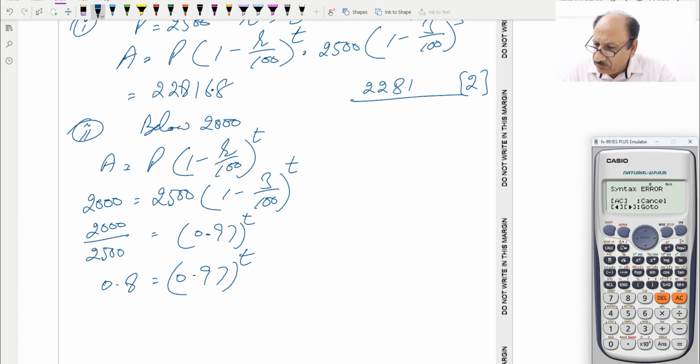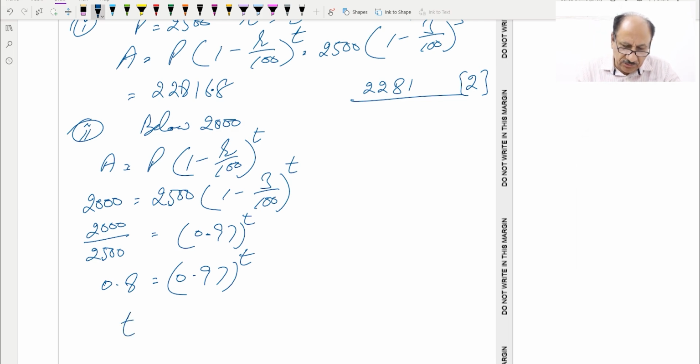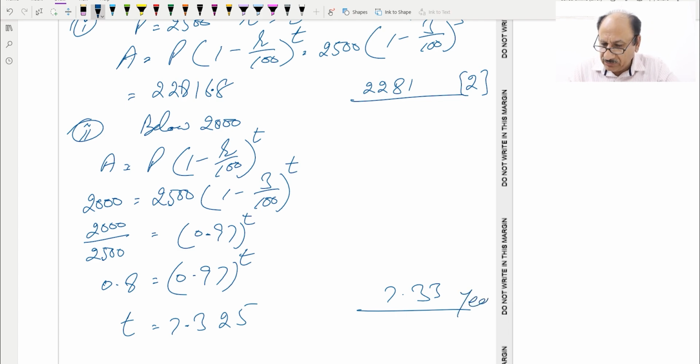It gives 7.325. So t is equal to 7.325. This is how we can calculate, and we can provide the answer as 7.33.